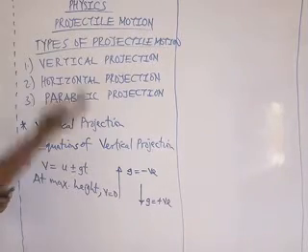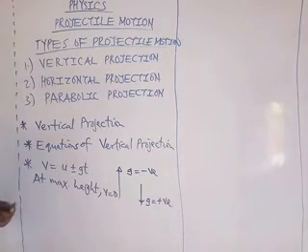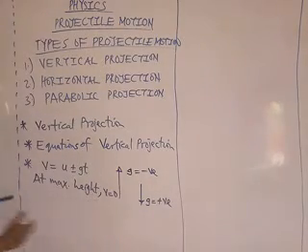When we launch a body up, the body is reducing its speed. When the body gets to the utmost height, which is the maximum height, the speed automatically becomes 0. And then we can determine its time at that particular point. At maximum height, v is equals to 0.